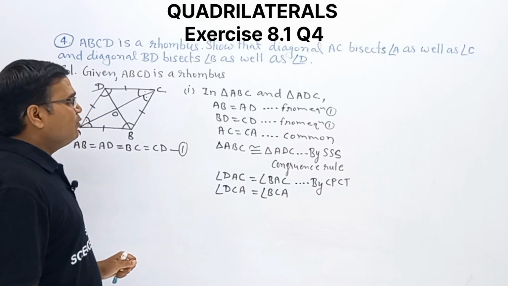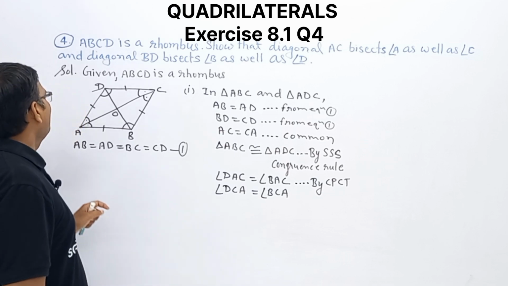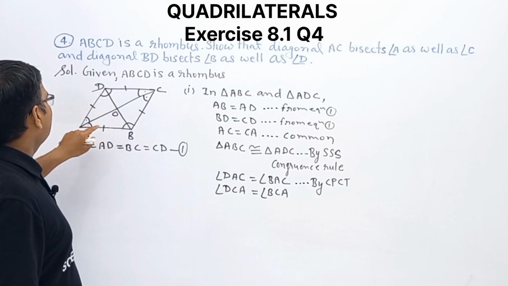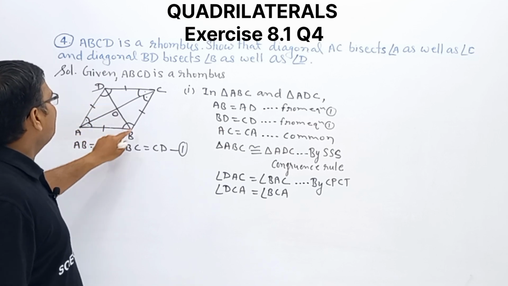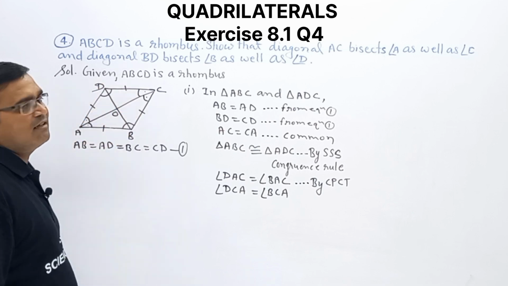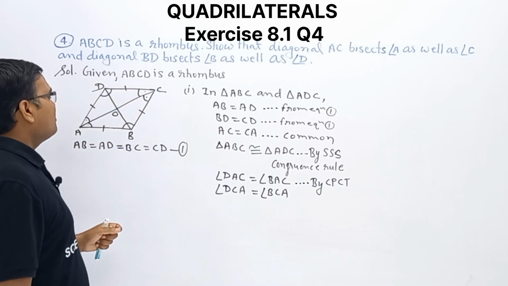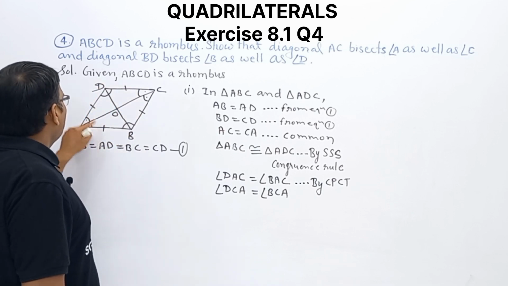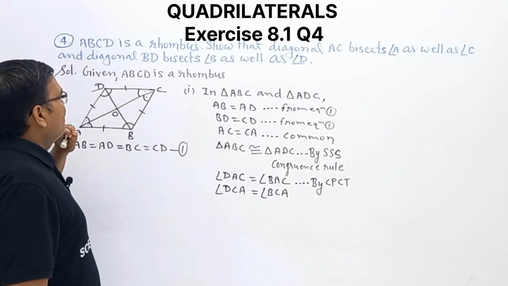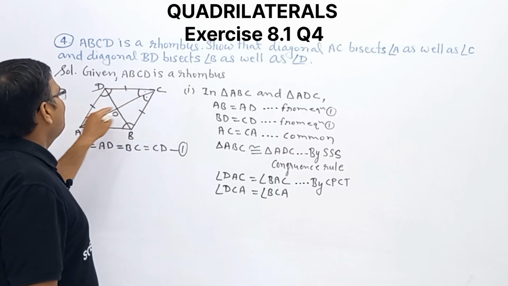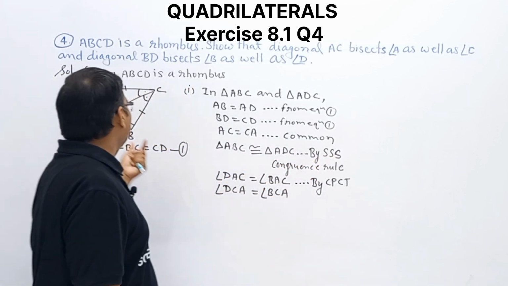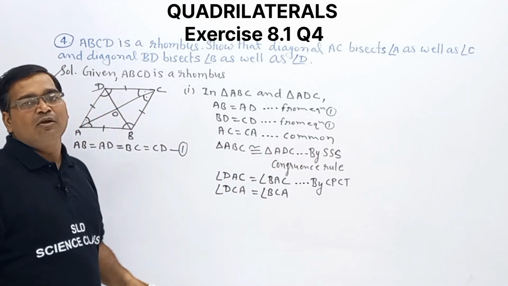Observe again what we are doing. We are taking two triangles of this rhombus, triangle ABC and triangle ADC. In these two triangles we are applying congruence: AB equal to AD, BC equal to CD, and AC is common. So by the side-side-side congruence rule, these two triangles are congruent.